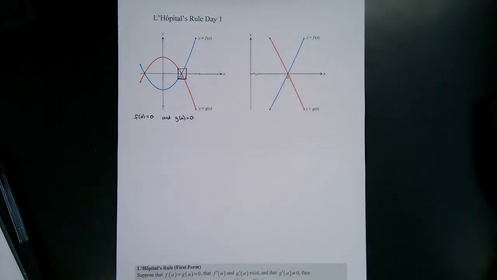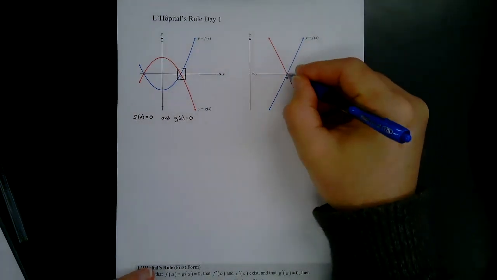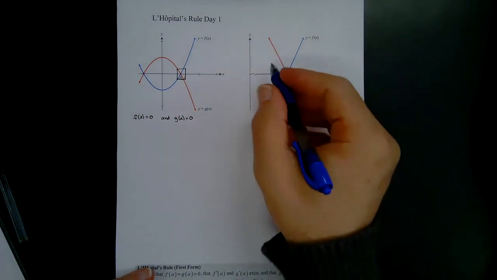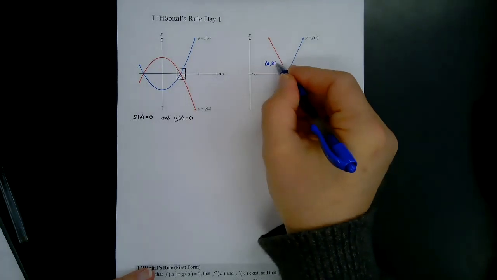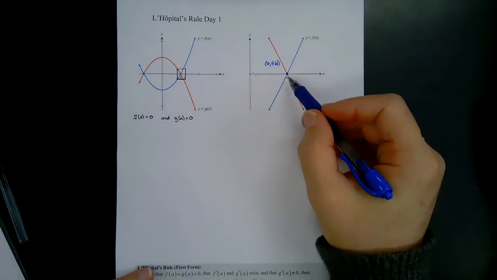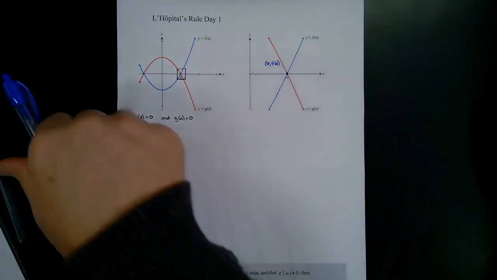Okay. So one thing that I want to point out is this point right here is a comma f of a. And it's also a comma g of a, because they share that point.